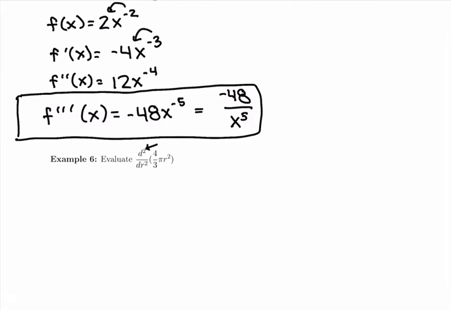D squared means second derivative, and dr squared is with respect to r. We showed you dy dx means the derivative of y with respect to x. This is d, and it has an r in it, so it's with respect to r.